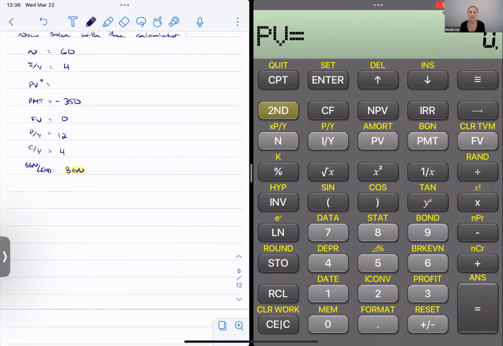I'm going to put 0 into the present value for now. 350 negative for the payment amount. 0 future value. Second payments per year, 12. It's already set at 12, so that's good. Scroll down, but I need 4 compoundings per year. Enter. Just flip back and forth a couple of times. Just make sure it's how you want it. Looks good. Second quit. Now we can compute the present value. Compute present value.